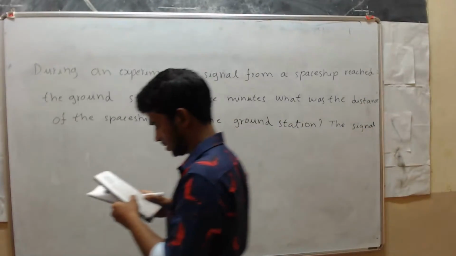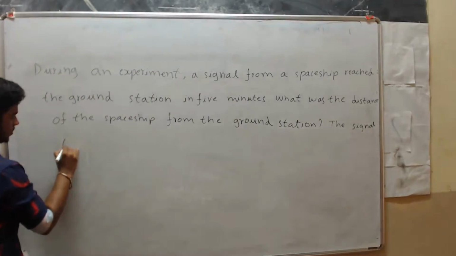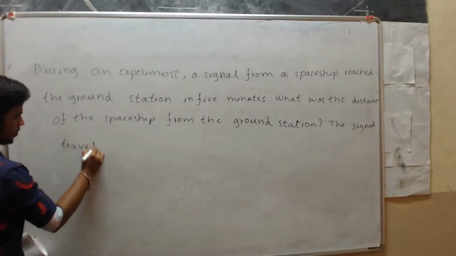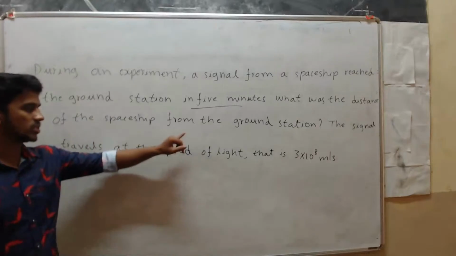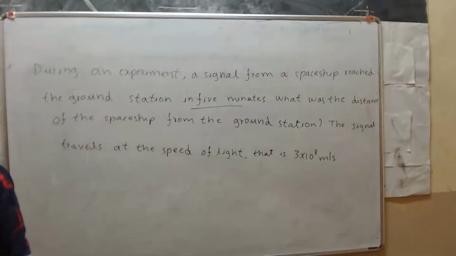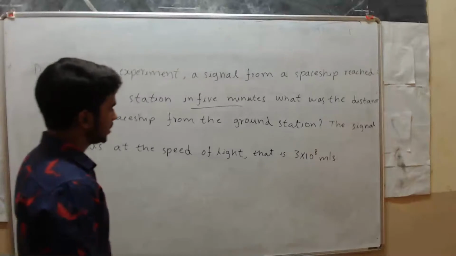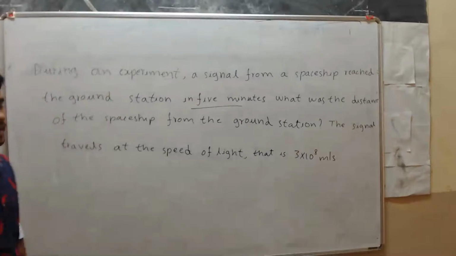The signal speed is given per second. So clearly here we need distance. So don't use any equations of motion. Just use speed equal to distance by time. Okay, tell me what is the answer for this question? Quick.